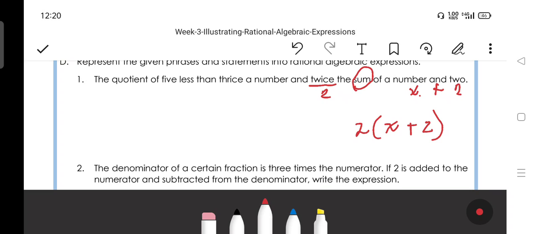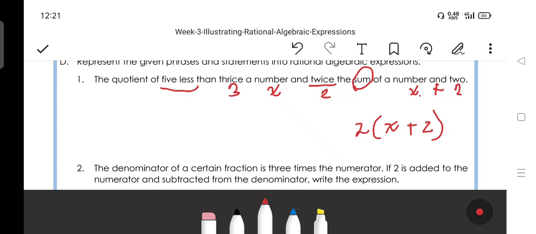Then, going further, we have thrice a number. Again, represent the number by x, and thrice a number means 3x. And then 5 less than.